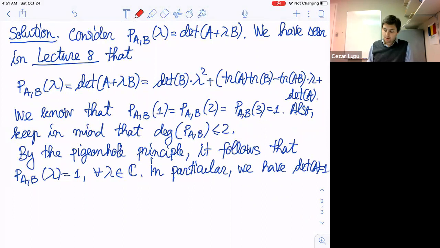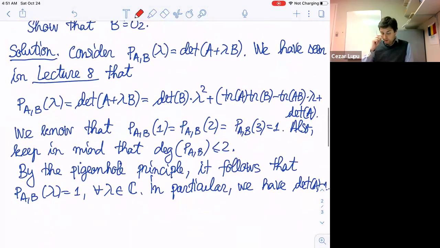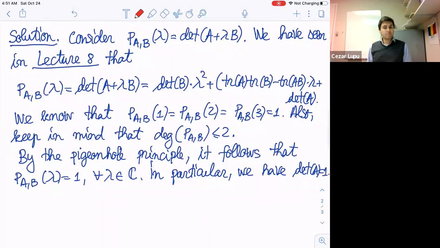All right. But can we do even more? Well, maybe we can say something about the determinant of B. Does this imply something about the determinant of B? Well, let's see.